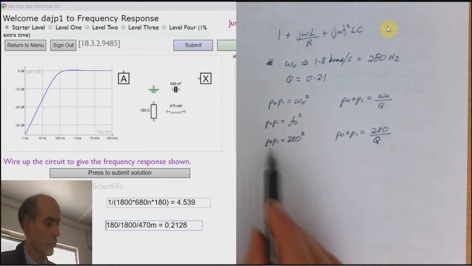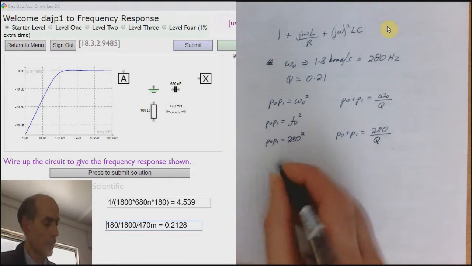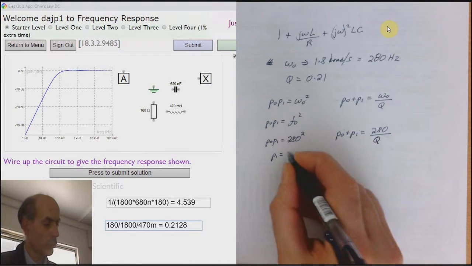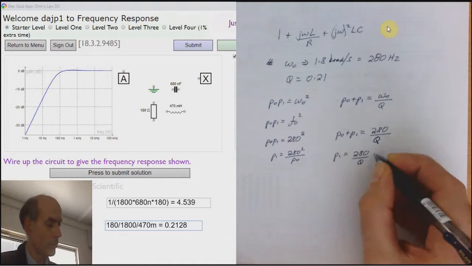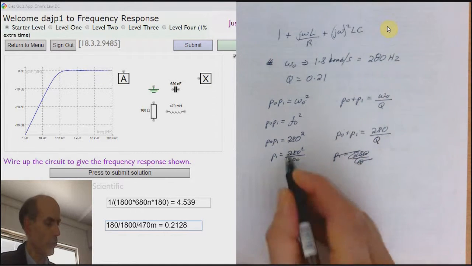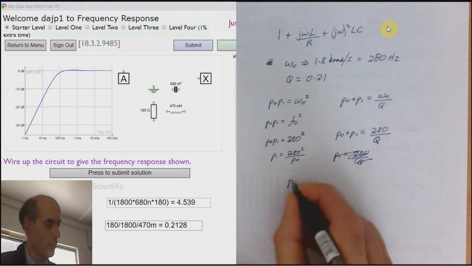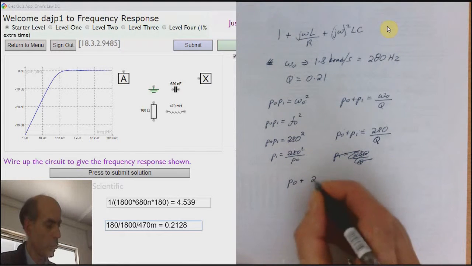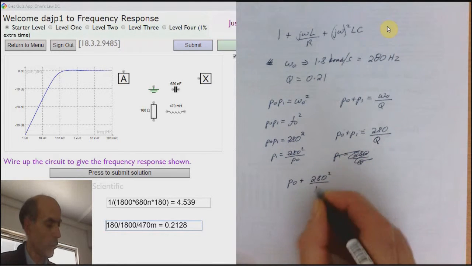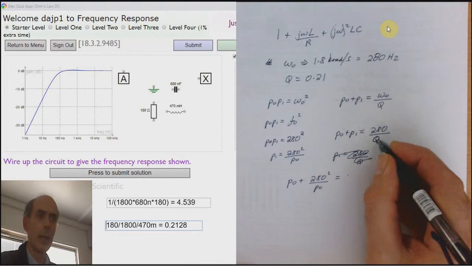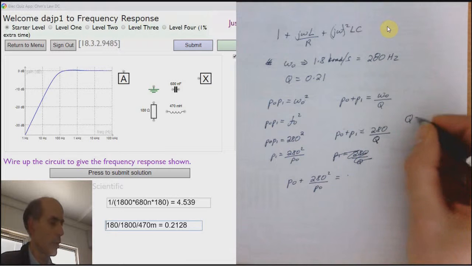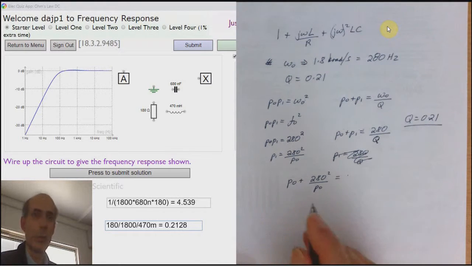Let's just quickly work out what that quadratic equation would be. We can substitute in for p1. P1 here equals 280 squared over p naught. Actually, let's just substitute in straight from there. That would give you p naught plus 280 squared over p naught equals 280 over Q. And the Q factor is 0.21 for the second of the two circuits that we looked at.